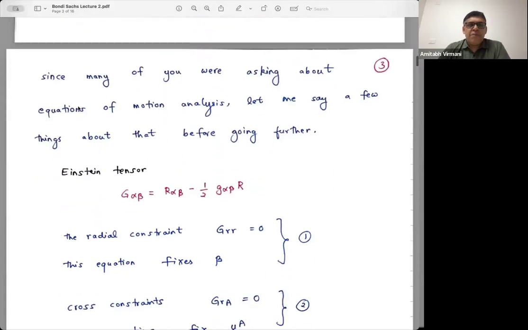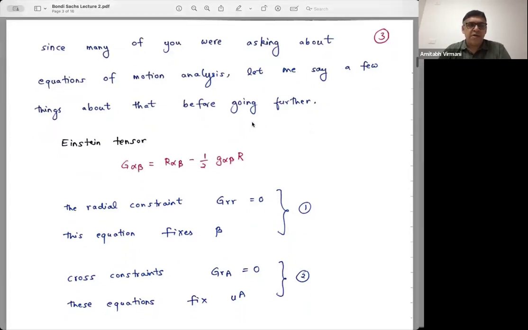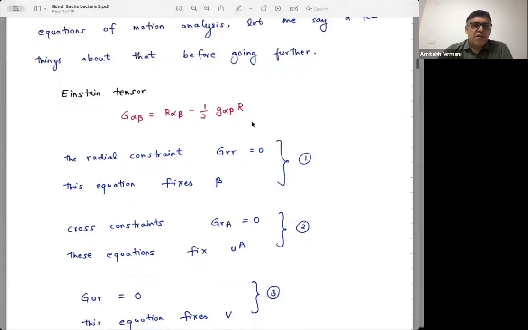And since many of you were asking about the equations of motion analysis, before I introduce the angular momentum aspect, let me say a few things about the equations of motion analysis. So let me say a few things about this before going further. Okay, so the basic idea is that we analyze Einstein's equation in a very specific order.